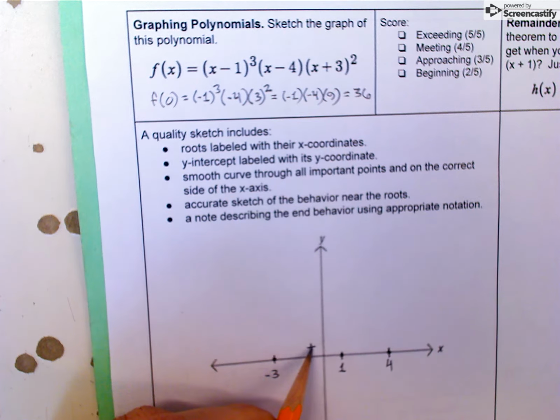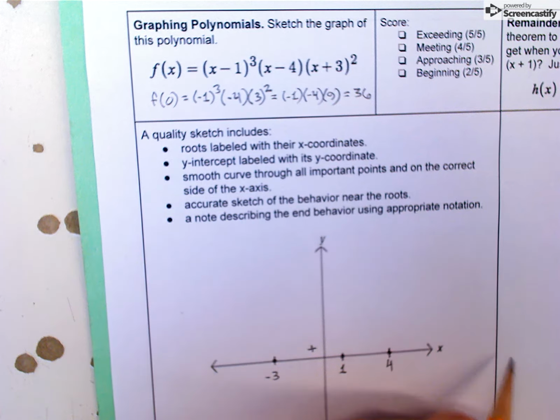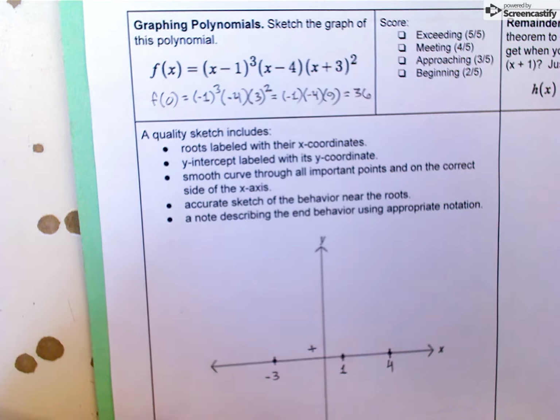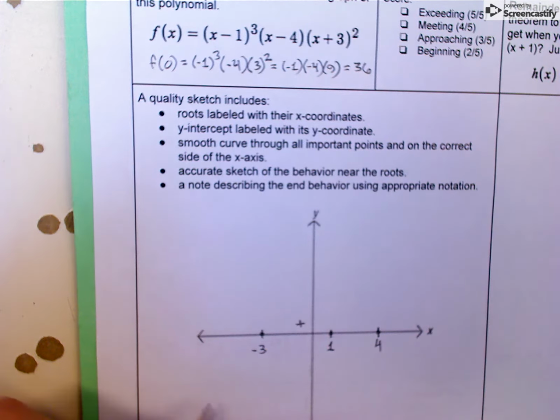I could pick an x value on any other interval, like down here, or in between 1 and 4, or above the 4, just to test and see whether the graph is going to be negative, like on the bottom half of the graph, or positive, like it is on this interval. But I can also use the multiplicity of these roots to determine that.